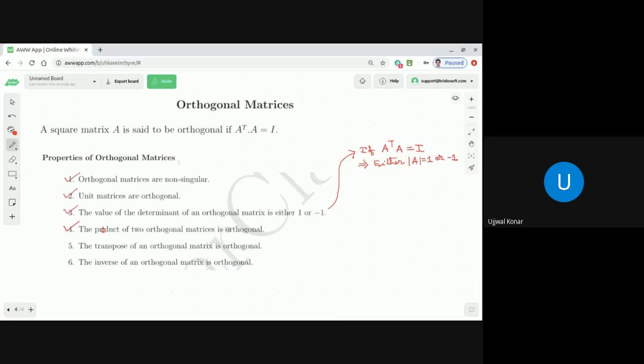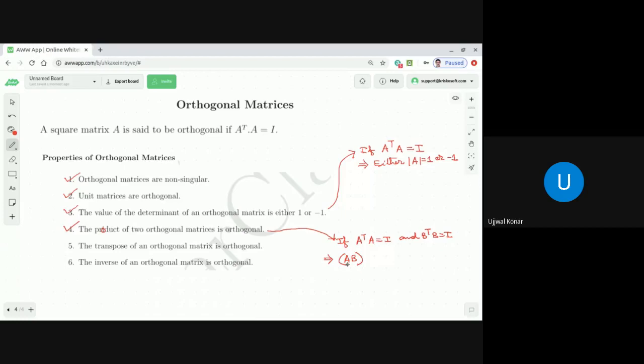That means A into B transpose into A into B should also be I. It means that if A transpose into A is equal to I and B transpose into B is equal to I, then their product is also orthogonal matrix.